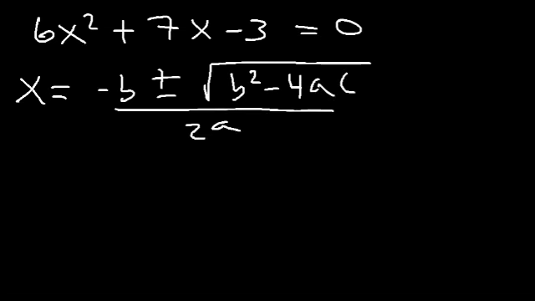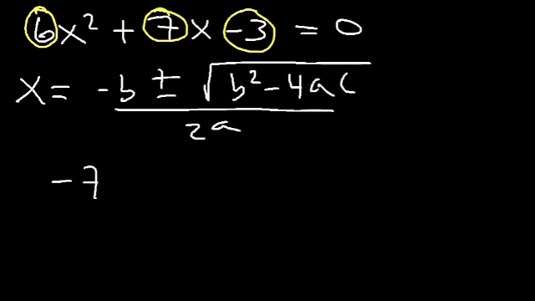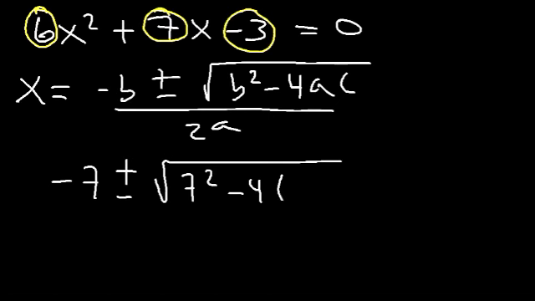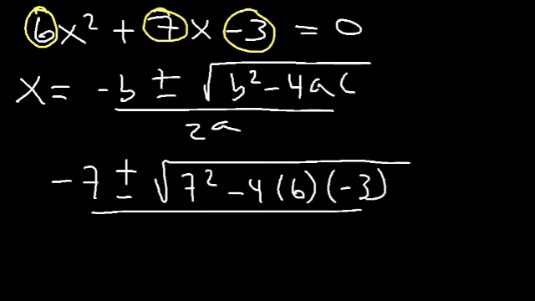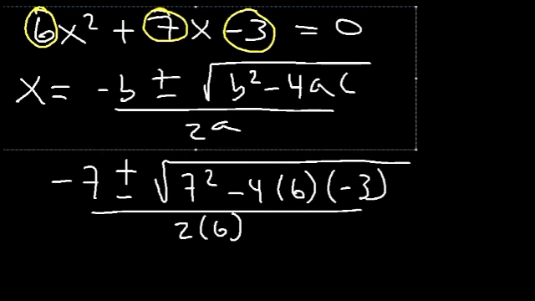So the first number in front of x squared, this is a. A is 6, b is 7, c is negative 3. So negative 7 plus or minus 7 squared, minus 4 times 6 times negative 3 divided by 2a, or 2 times 6.